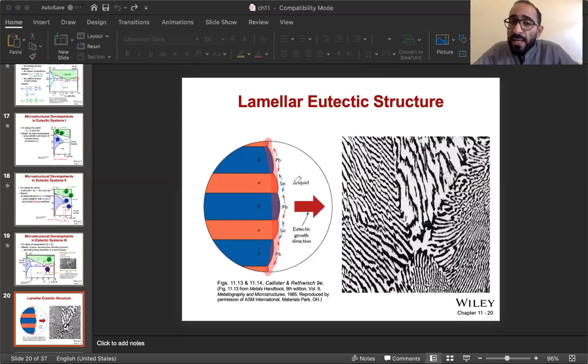This is why in the liquid, the tin will try to diffuse toward the beta phase.